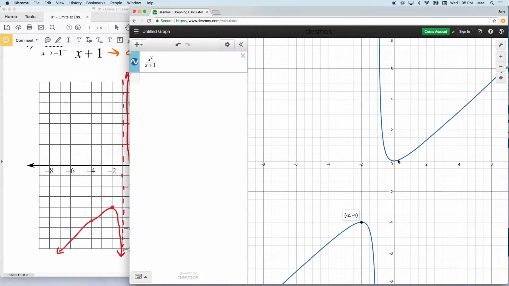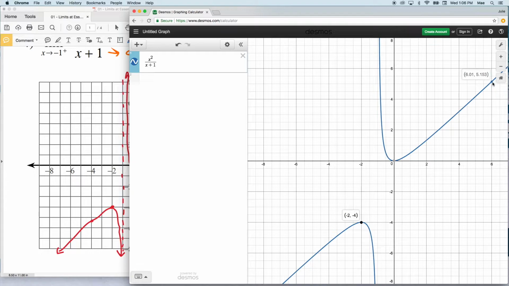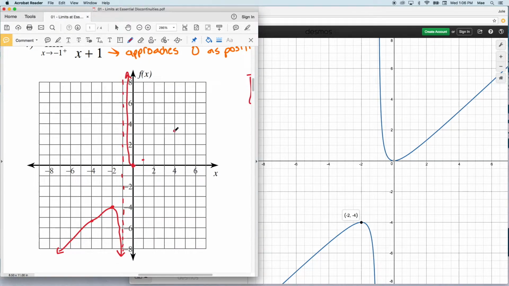And then to the right of 0, when we're at 1 in the x, our function is equal to 1/2. When we're at 4 in the x, our function is approximately 3.2, and we'll finish out our curve from there. So 1, 1/2, 4, 3.2, and let's get one more point at 6. We're at about 5.1.